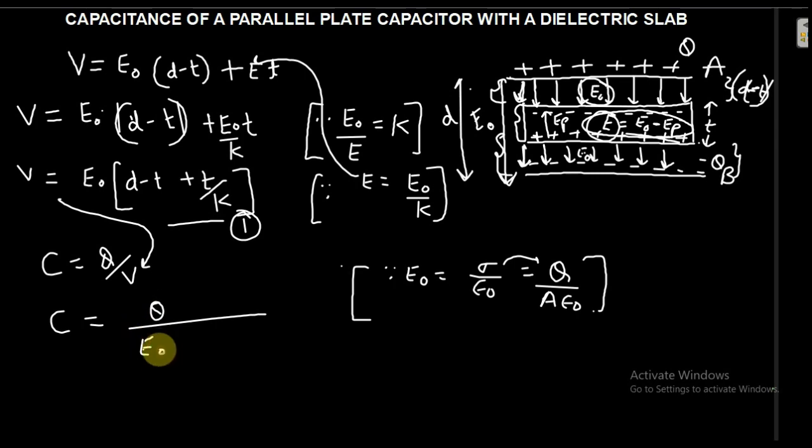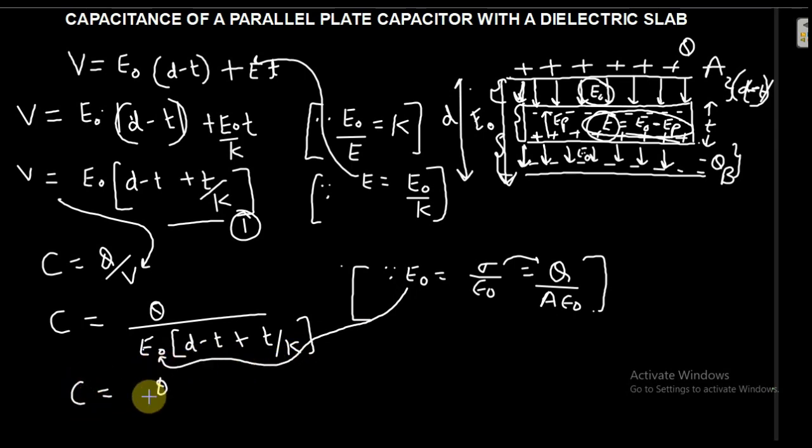So what is your V? V is equal to E naught times D minus T plus T by K. In the next step, substitute this E naught value here. So what you will get? Q by, what is E naught?